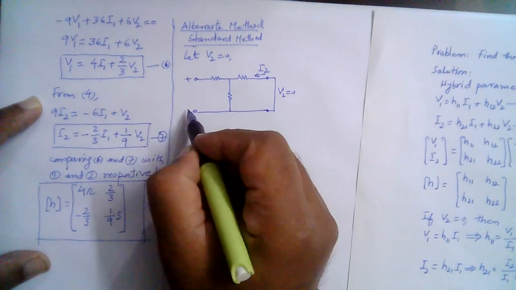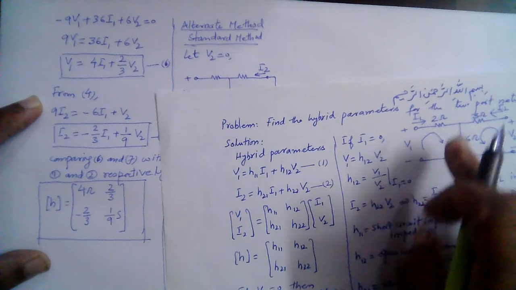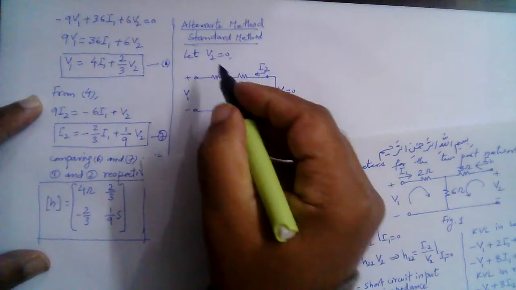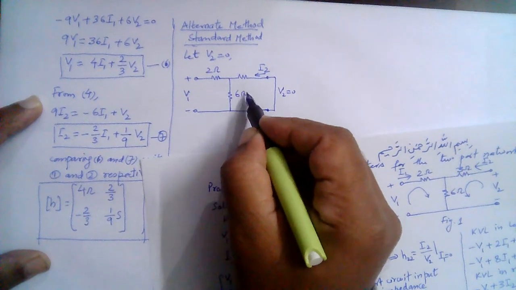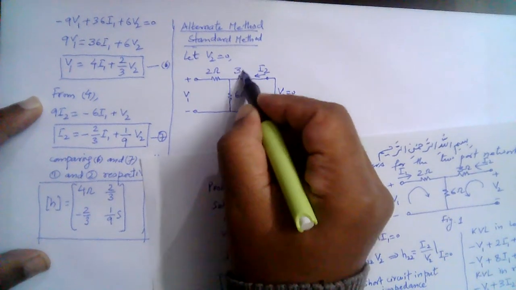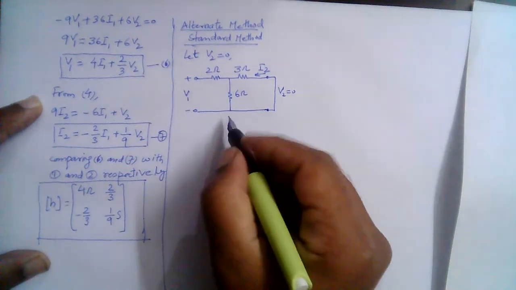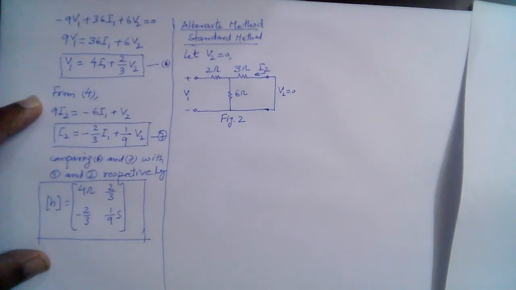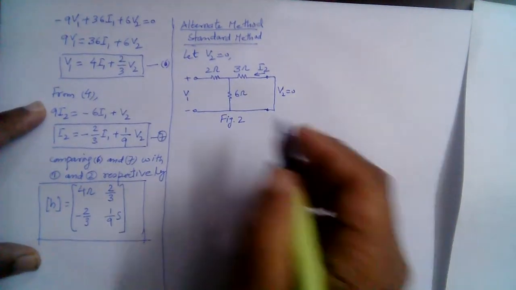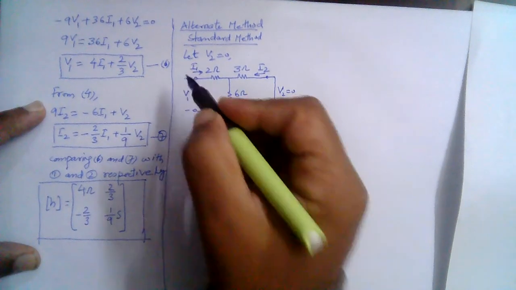This is the voltage source V1, and we have a 2 ohm resistance here, 2 ohm resistance here. This is 6 ohm, and this is 3 ohm. Let me call this Fig 2. And this is current I1 here, right?